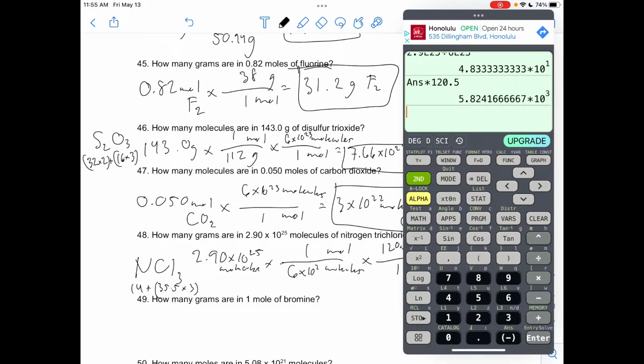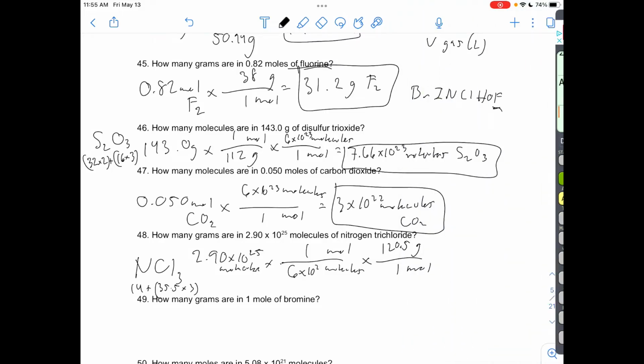That's going to be equal to 5.82 times 10 to the 3rd grams. So that's like 5,000 grams of nitrogen trichloride.